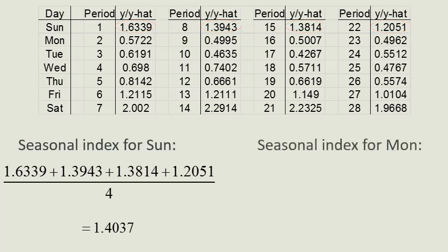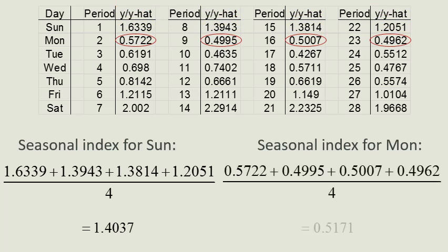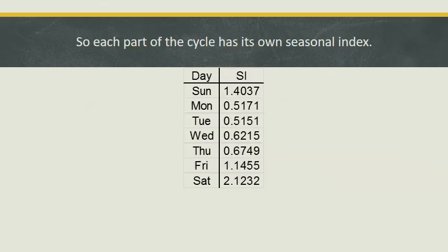Next, we'll move on to Monday. Now find the 4 values of y over y hat that are associated with Mondays. We average them to get the seasonal index for Monday, and this pattern continues until we have the seasonal index for every day of the week. Here is the finished product.